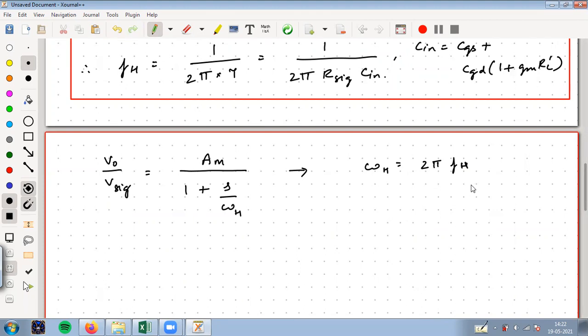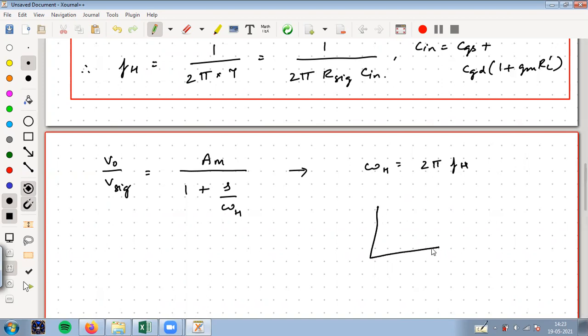AM here is your midband gain. Midband gain is that gain when you assume all the capacitors in your circuit to be behaving normally. For example, if your parasitic capacitances or your coupling capacitances are all behaving optimally, then the gain of that amplifier is the midband gain.